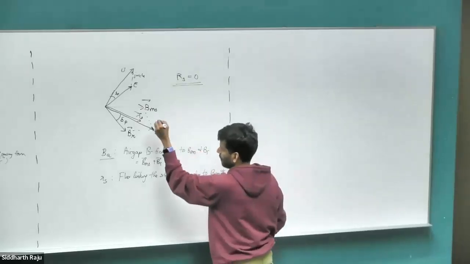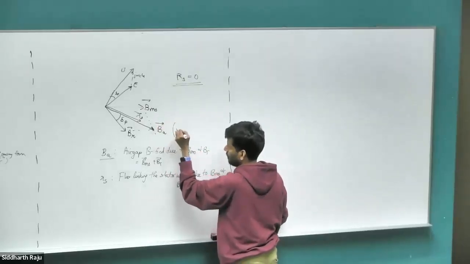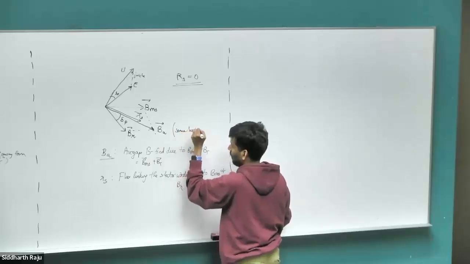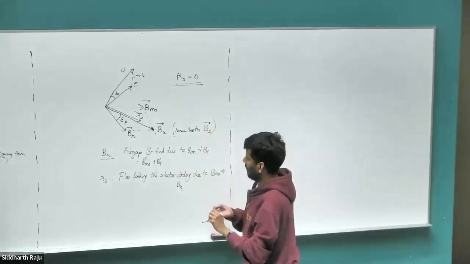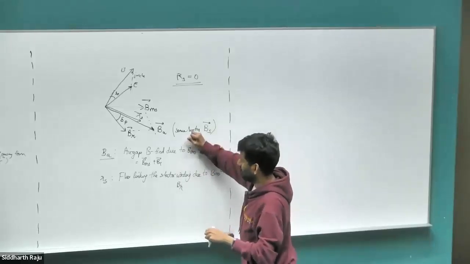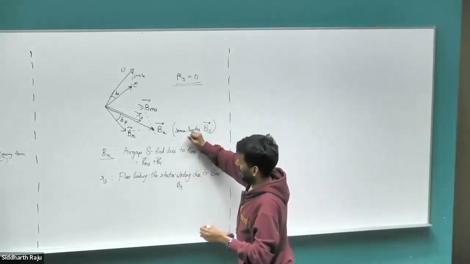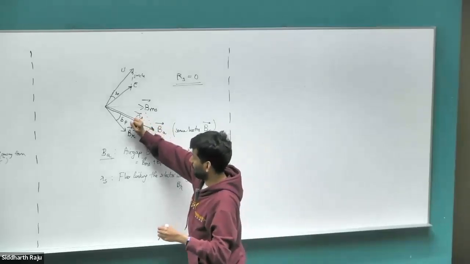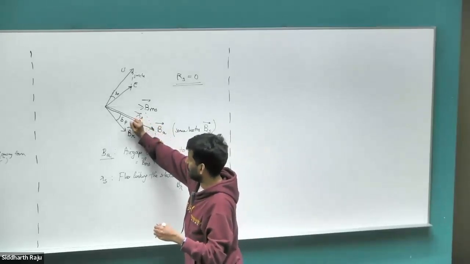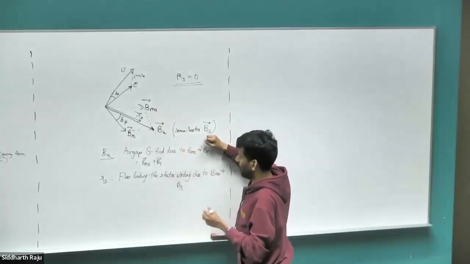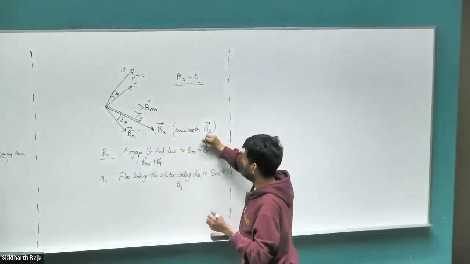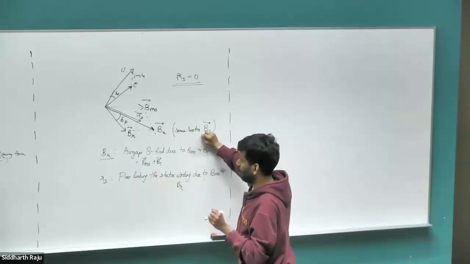Some textbooks refer to this as the BS space vector, which I think is not the right way to call it. Lambda S is right though, because the flux linking the stator windings has contributions from both BR and BMS. But BS gives a false idea that it's somehow the magnetic field due to the stator current, which it is not.